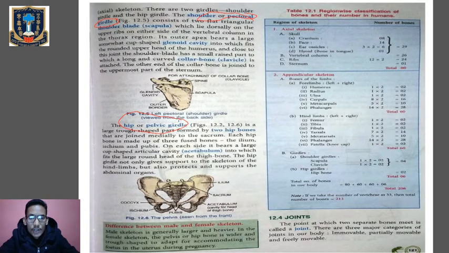pectoral girdle. This pectoral girdle is mainly composed of two flat triangular shoulder blades called the scapula, 1 and 2.